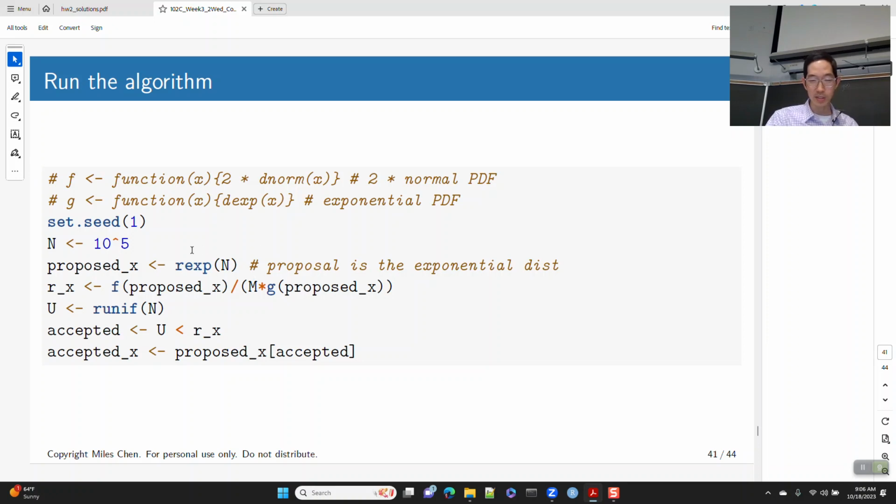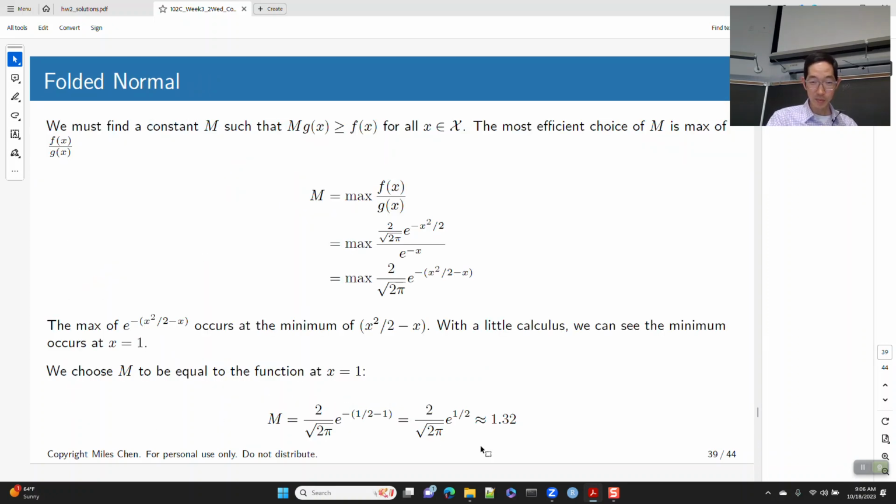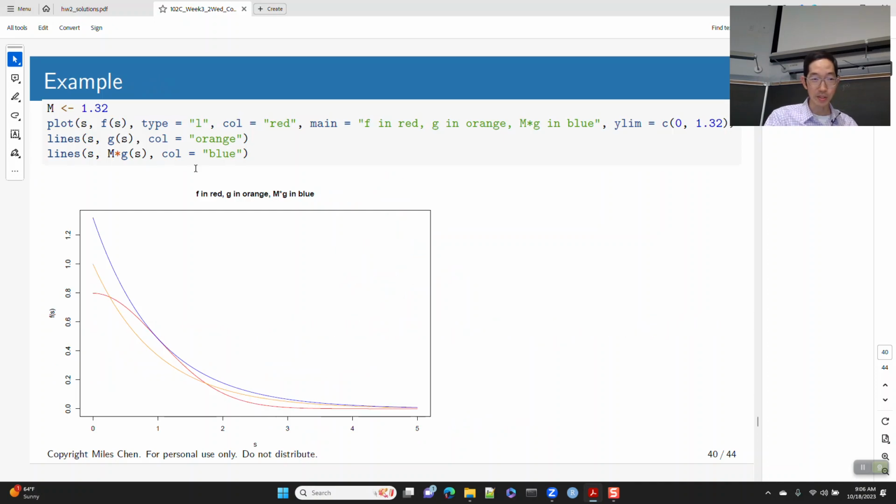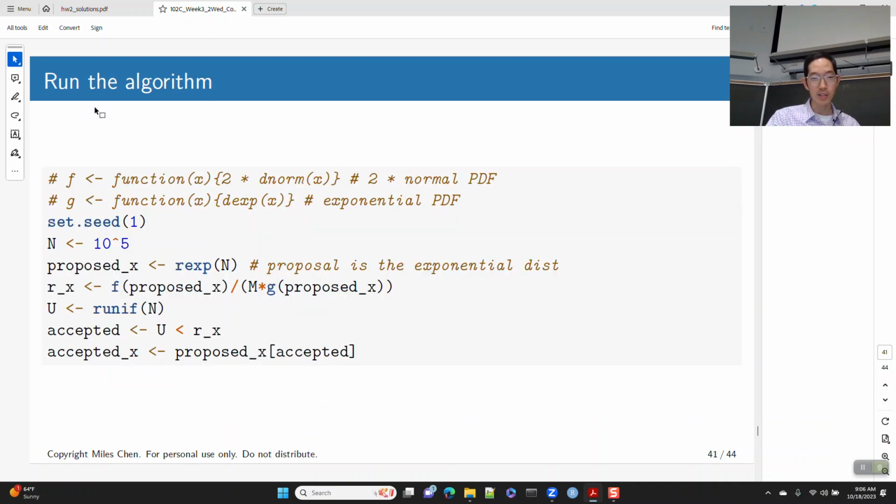And then I have this constant M, which is approximately 1.32. I think I just plugged that in there, okay? That gives me my acceptance ratio. I'm going to generate a bunch of uniform values between 0 and 1, see how often those uniform values are less than r of x, and then we will accept them if they are.